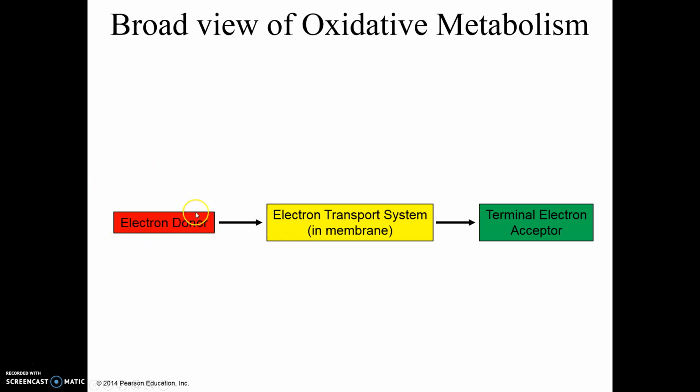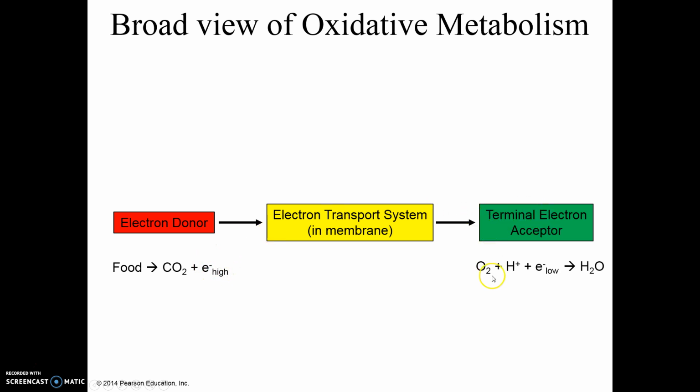So here we have our system. We have some type of high energy electron donor. Those electrons are going to pass through an electron transport system and then ultimately be dumped off to a terminal electron acceptor. So here we get our electrons from food, we break it down into carbon dioxide, and we gain these high energy electrons.